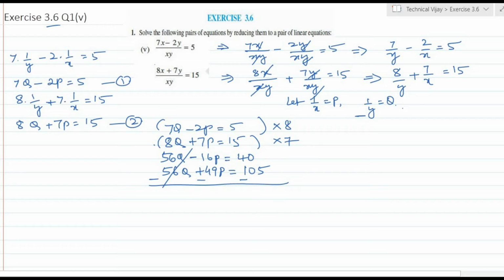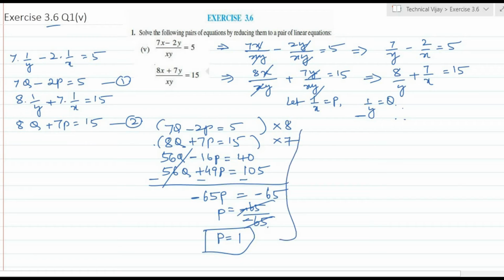So minus 49 minus 16 is 65p, is equal to 105 minus 40, which means 65. So p is equal to 65 divided by 65, so here p is equal to 1. That is, minus gets cancelled. 65 ones are 65.